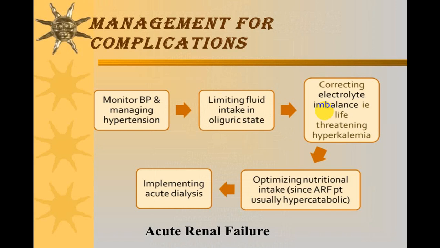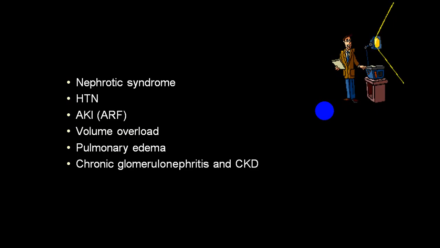This is a diagram showing the management of complications: management of blood pressure, management of fluid overload and the oliguric stage, electrolyte imbalance, acid-base imbalance, hyperkalemia, and treatment of AKI. And last, if all the previous treatment does not work out, then you might have to plan for dialysis.